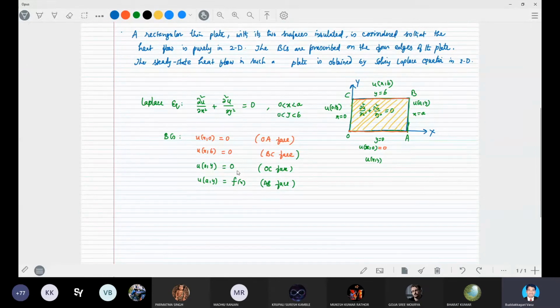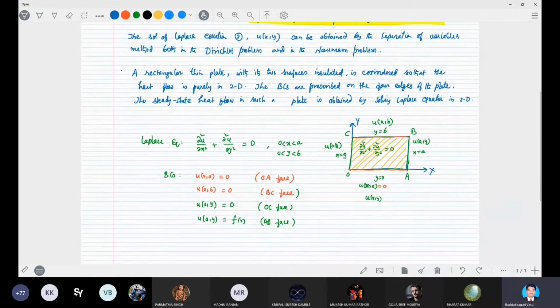Here I just took 0 for solving this equation, for showing you in class. You may consider any. You can prescribe these, but I chose the two faces insulated, that is OA and BC.